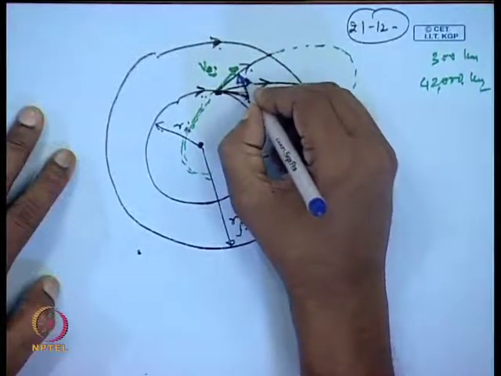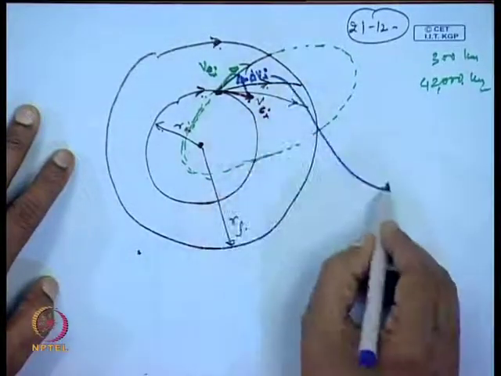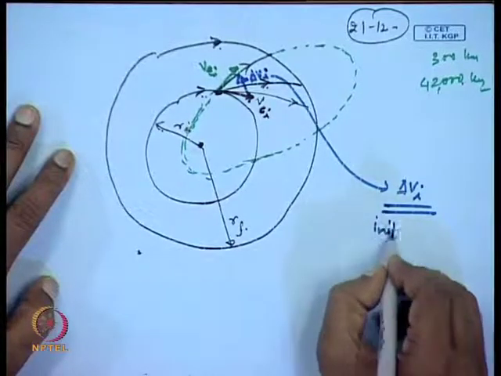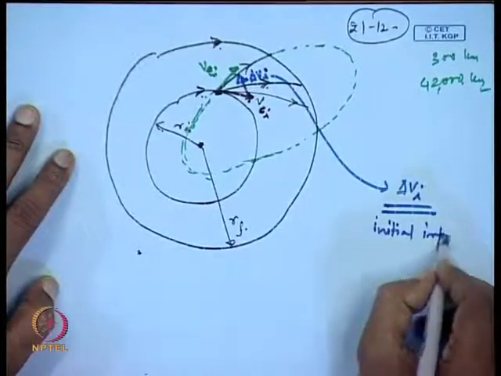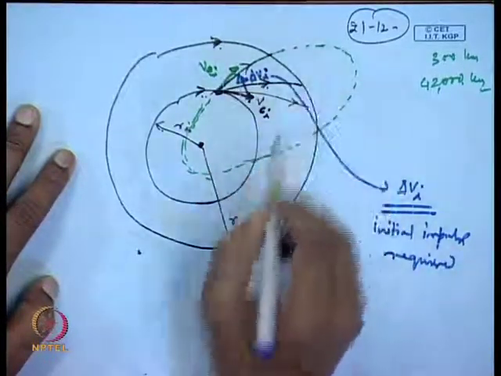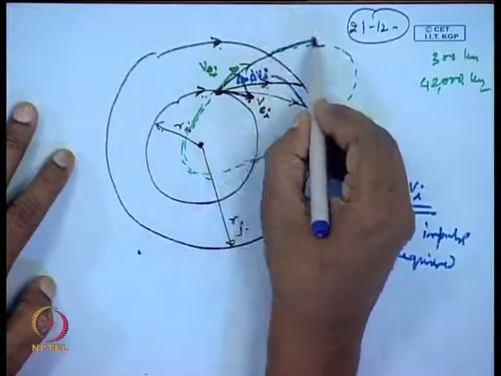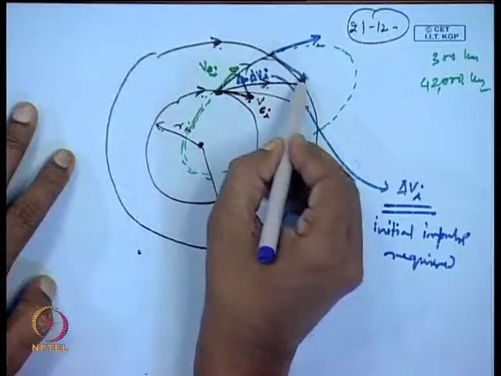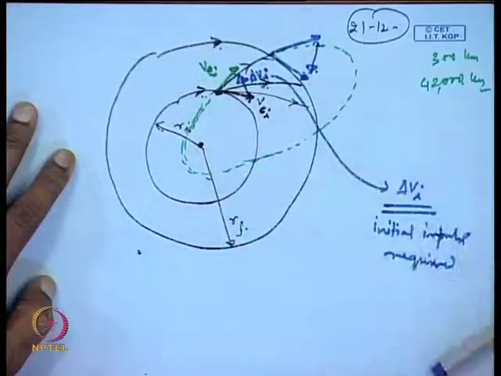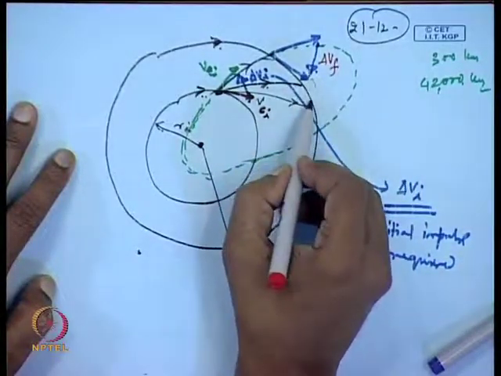This is the delta V I, initial impulse required to put it in this orbit. And once it reaches here, it is going in this orbit along this direction, while your velocity vector in the final orbit is along this direction, and therefore you must give another impulse delta V f in this place, so that it comes into this orbit.